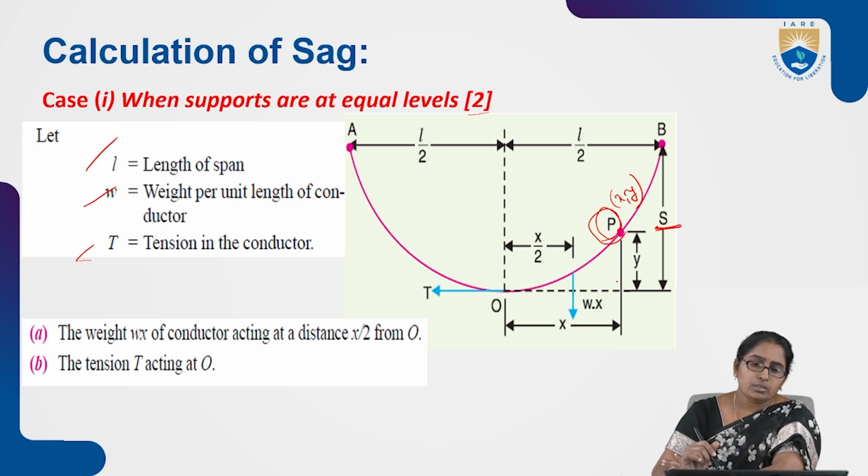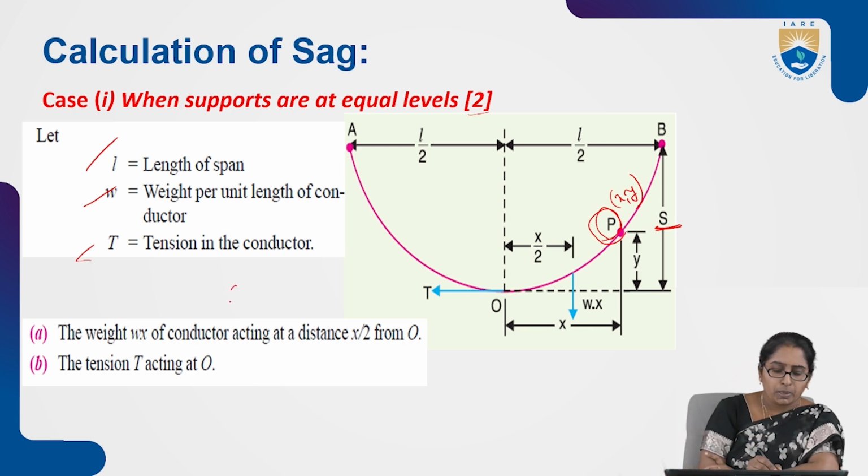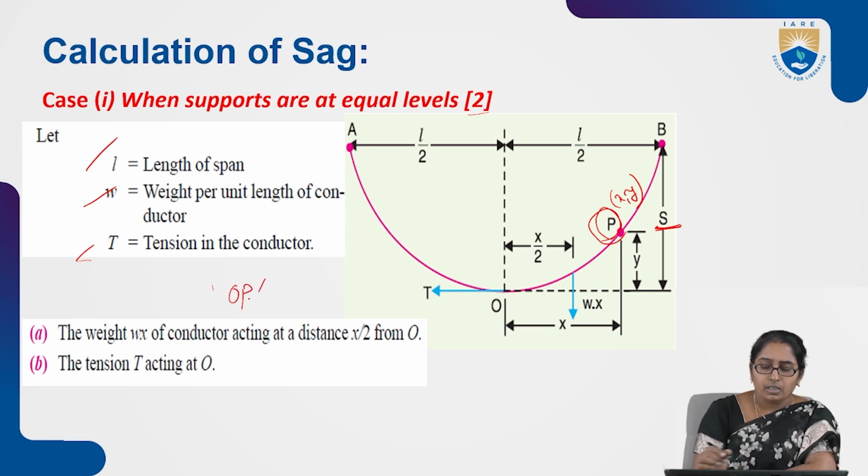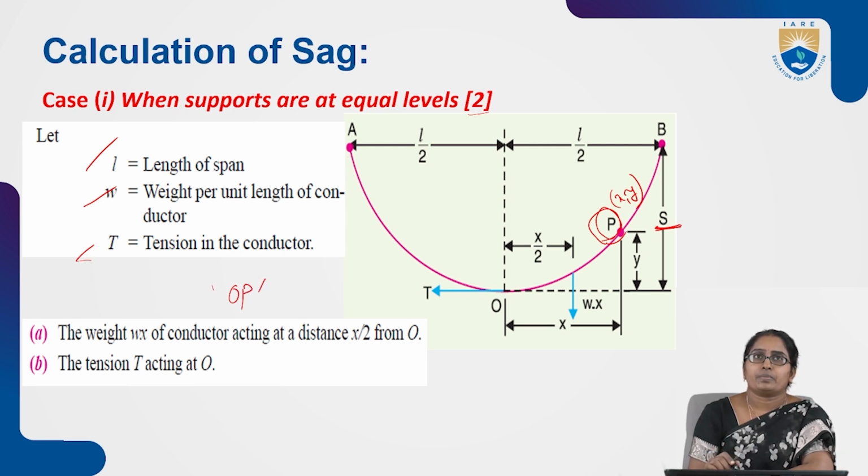Now here, the conductor between the two supports A and B has a curvature length that is so small, it looks like a curve, but they assume this portion OP is a straight line, from this point to this point.